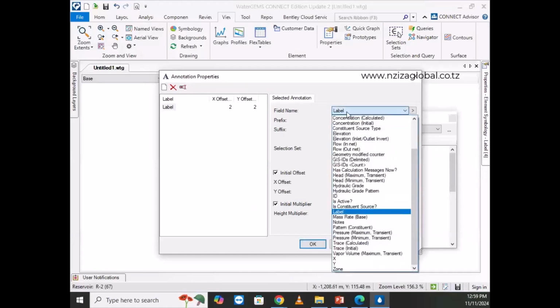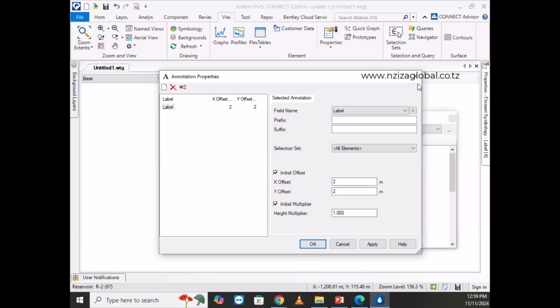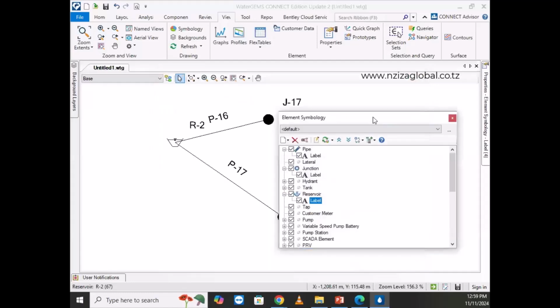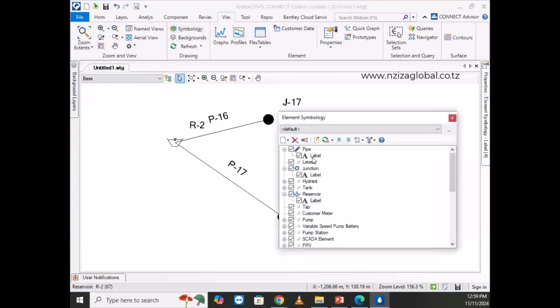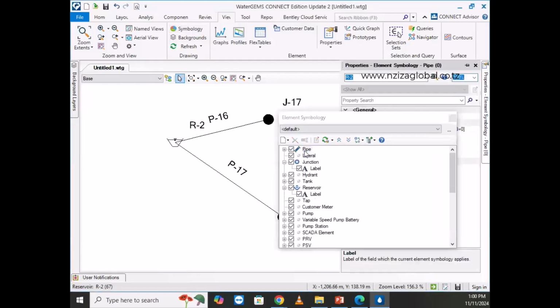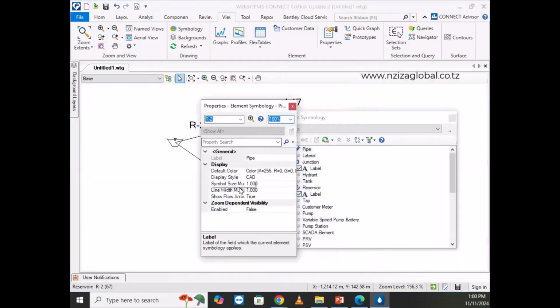Instead of labeling the label, you can also label, for example, the elevation, for example, the pressure, everything that may characterize the things that you want to symbolize. Okay, you get where I am going? Symbology, you remember, it's here in view. You go to symbology, it comes. For example, we go on pipe, double click on it. There will be another item which comes.